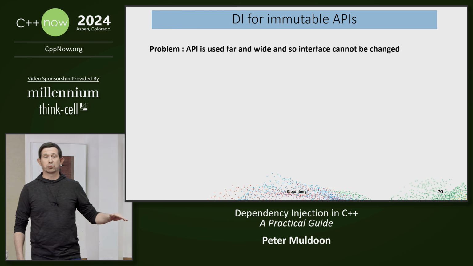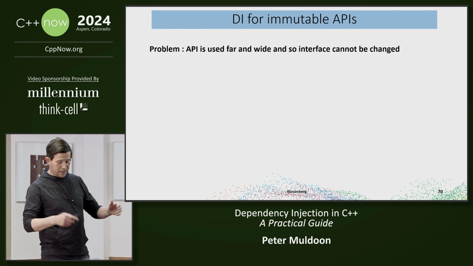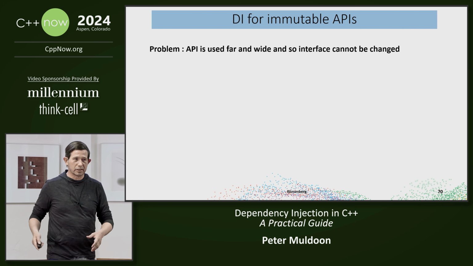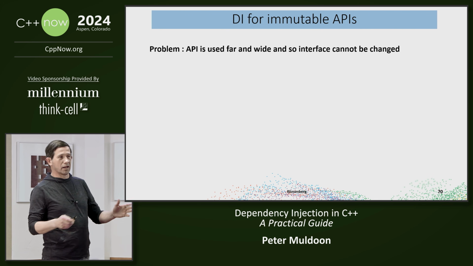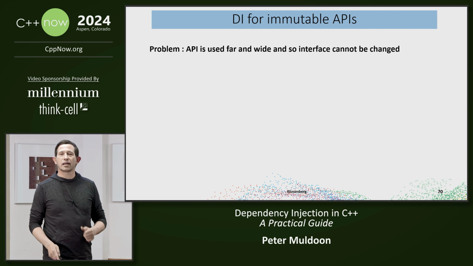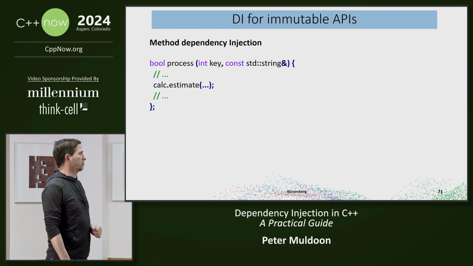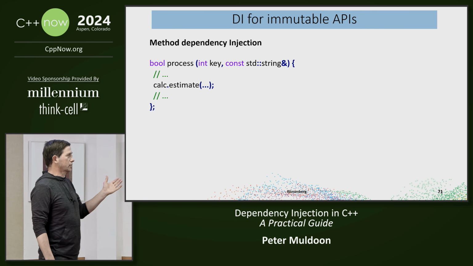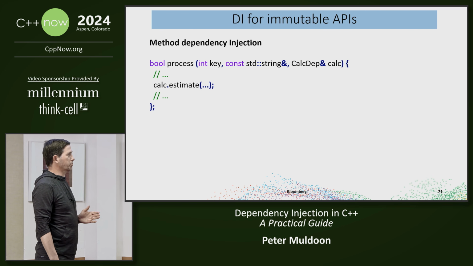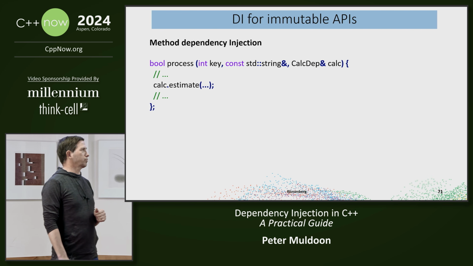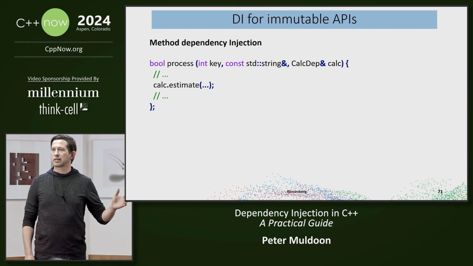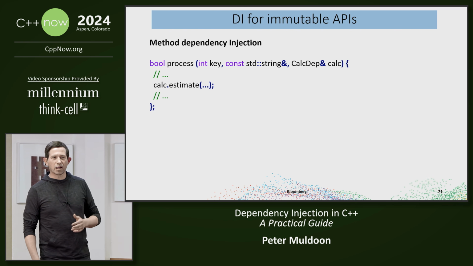Even if it's only in your own code base, it's used all over the place. Or it's a class with a bunch of functions, or it's a function, and it's used everywhere by a lot of other groups, right? And you can't just change that interface, right? It's not allowed, right? And with method dependency injection, we already talked about this. What happens is I add my dependency here and I cause havoc through the code base, right? So how do I get around that?